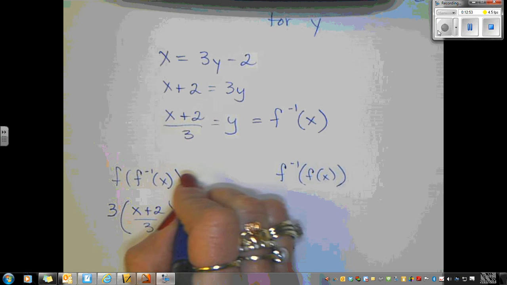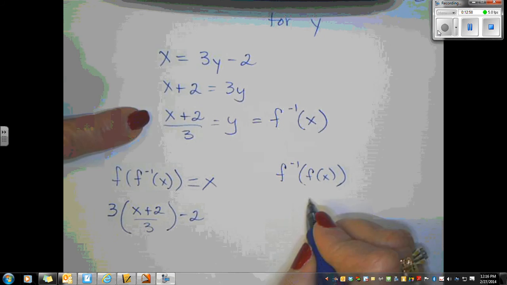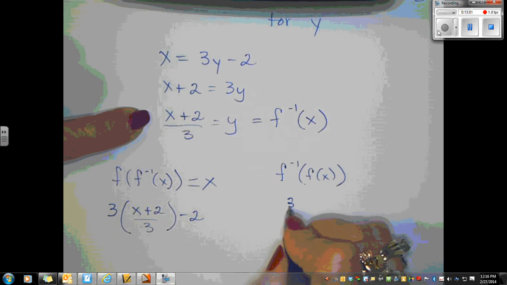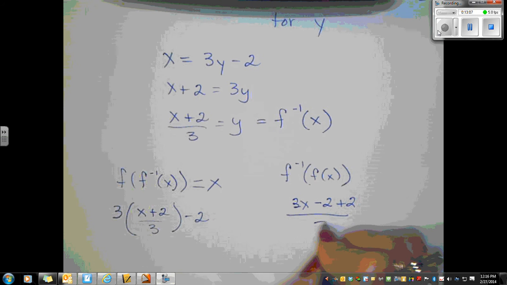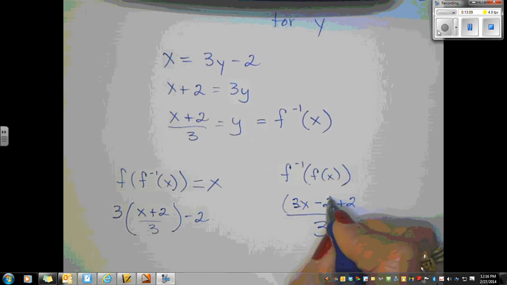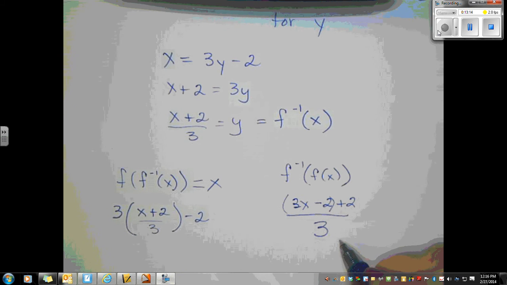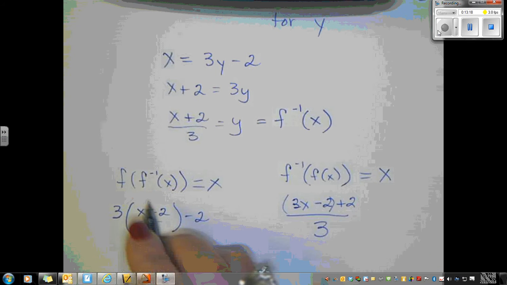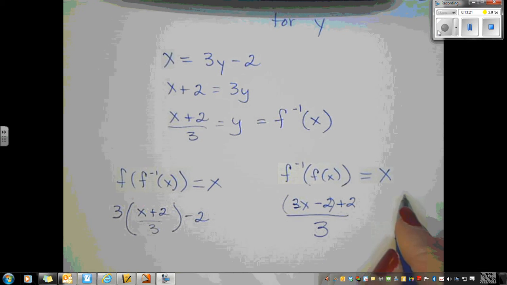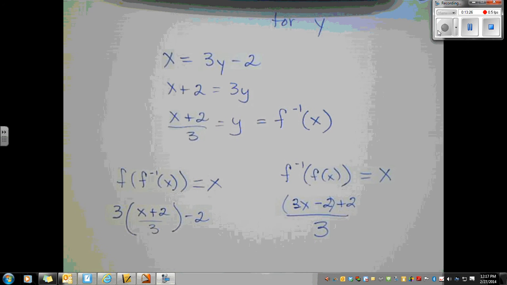X. Alright, now, what if I put in my original, which is 3x minus 2 plus 2 over 3? I have x plus 2. I put my original in there. What do you get for this? X. If f of g of x and g of f of x both equal x, they are inverses of each other.